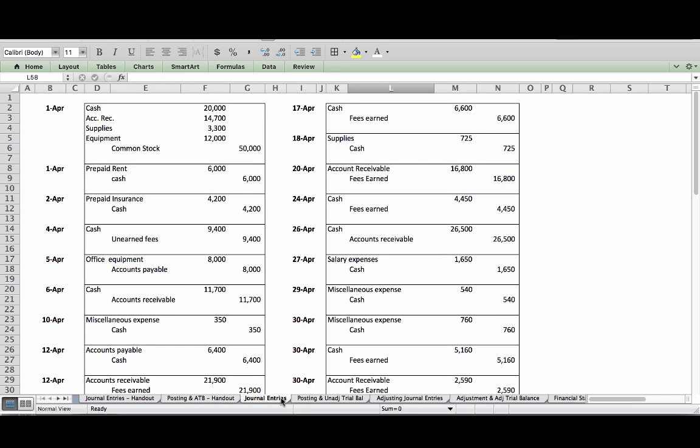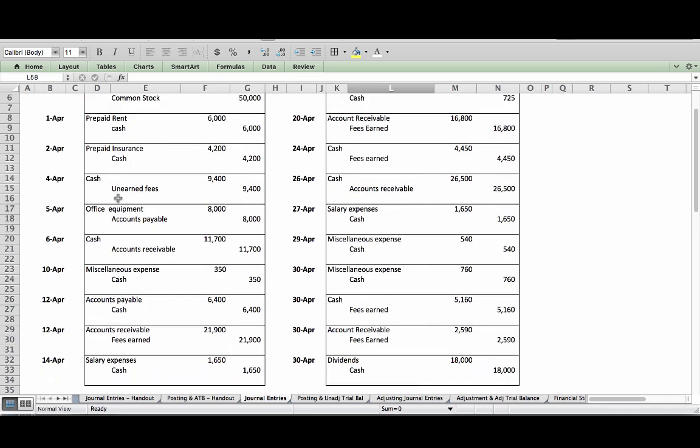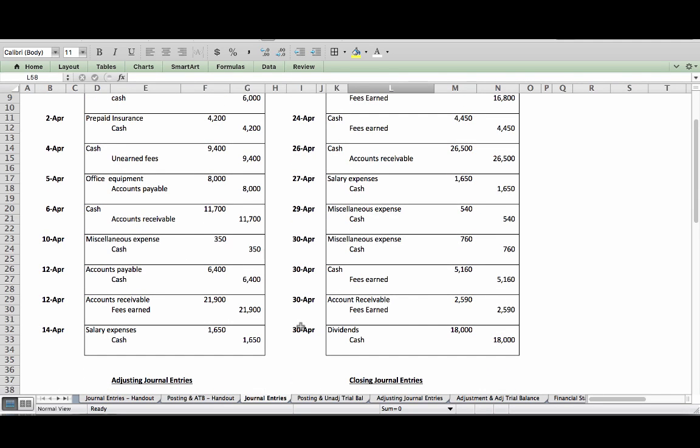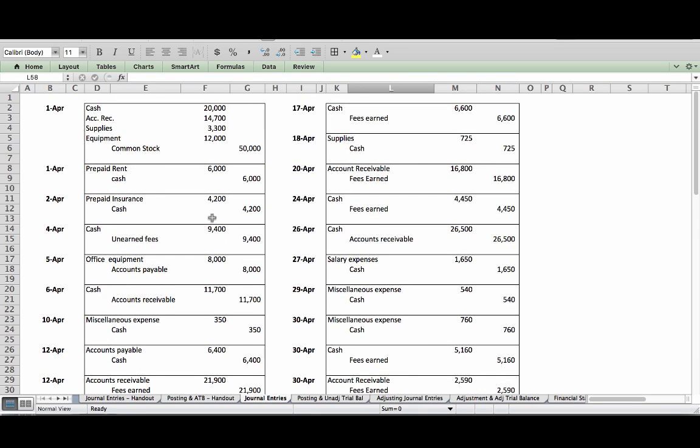Okay, so based on a number of transactions that I worked on, I recorded all these different journal entries, right? From April 1st all the way down to April 30th. For example, if you look at this transaction here, this reflects the contribution of cash, receivables, supplies, and equipment into a corporation in exchange for common stock.